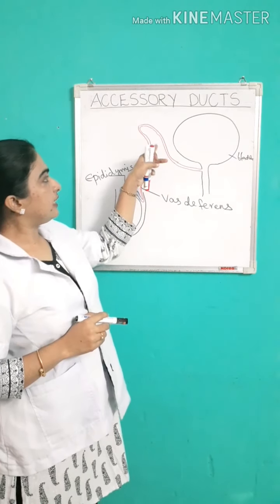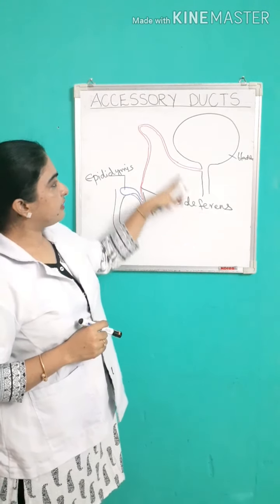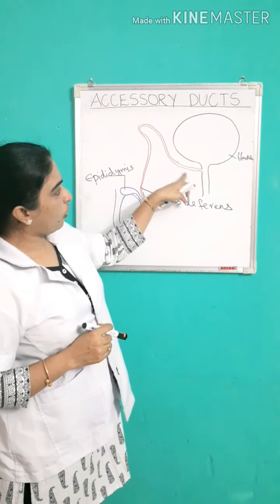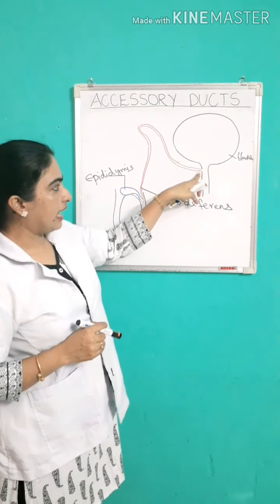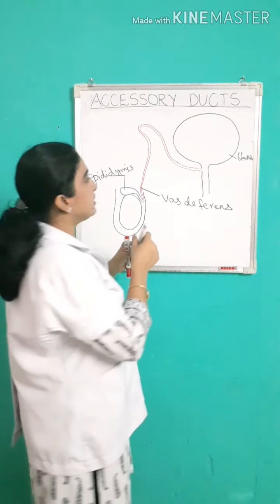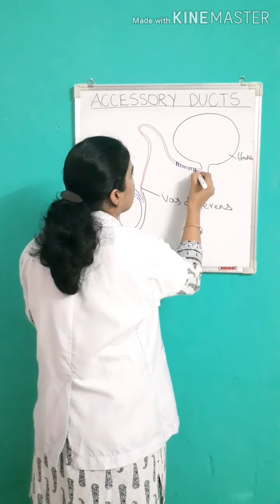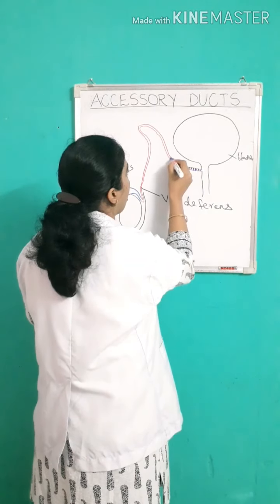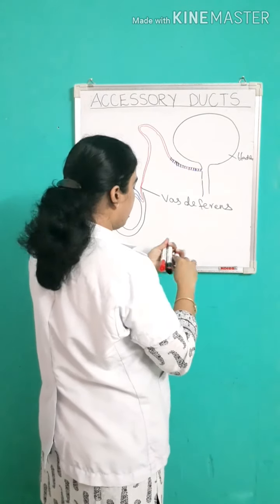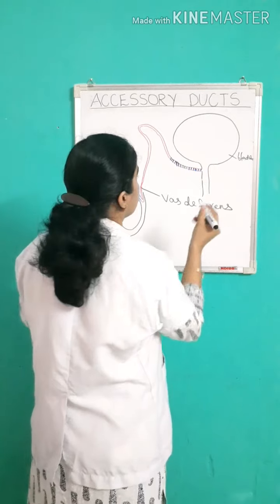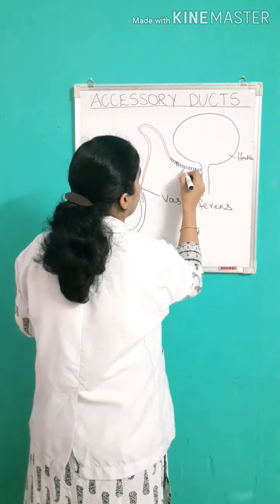Here you can see the part of the vas deferens that loops over the urinary bladder, and that part is known as the ejaculatory duct.